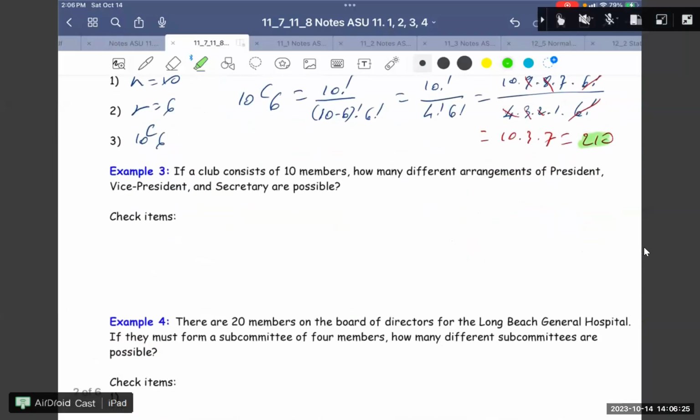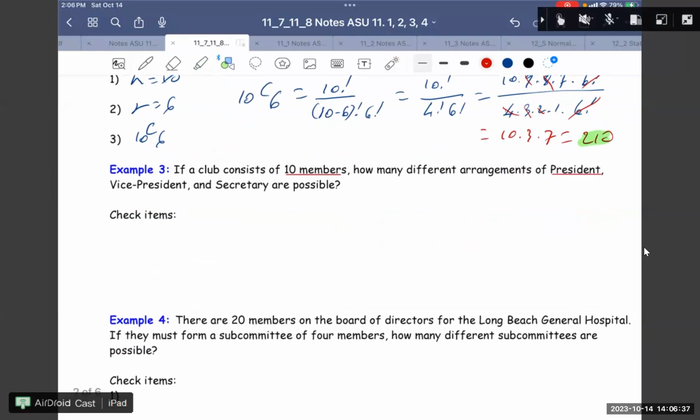Okay. So for number 3, if the club has 10 members, how many different ways can they select a president, vice president, and secretary as possible? So what is this one?